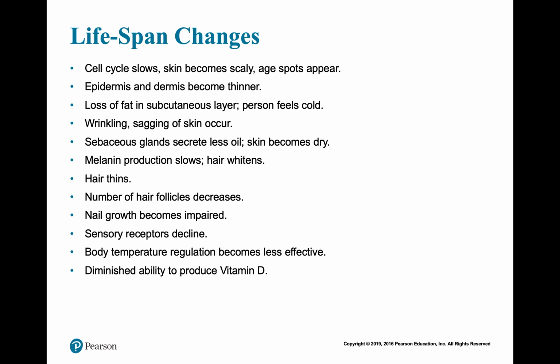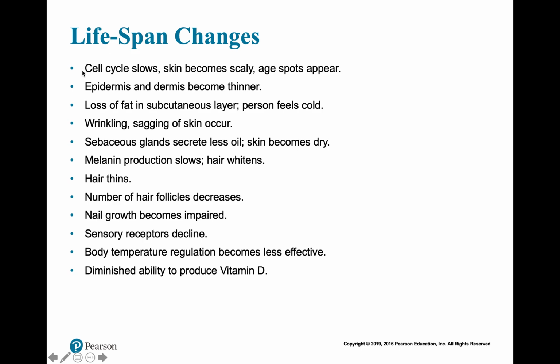So lifespan changes. What happens to the integumentary system over time as we age? Well, cells become less mitotically active, so the cell cycle slows. And that means that our skin cells become more scaly because they just enlarge over time. We're not really getting new cells.